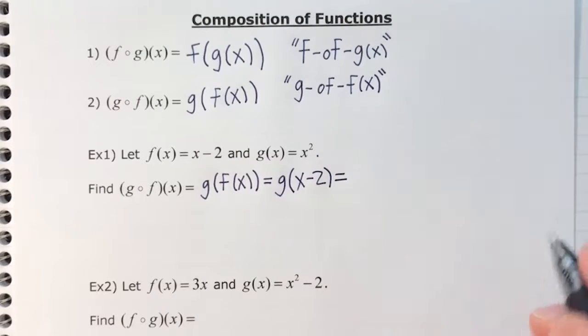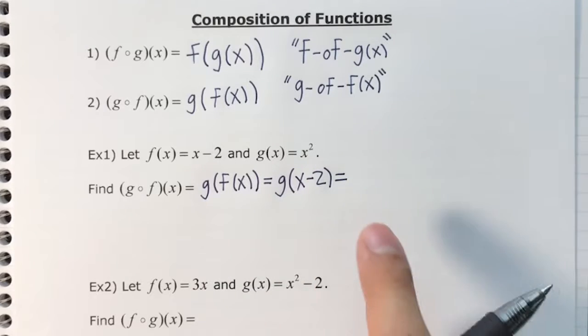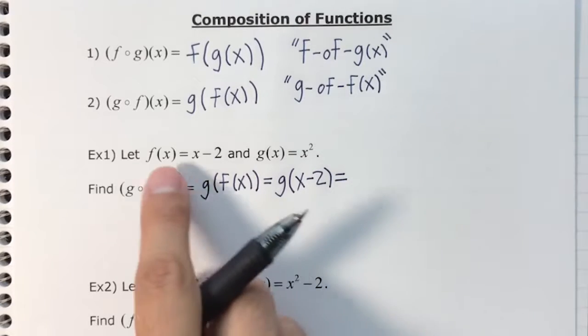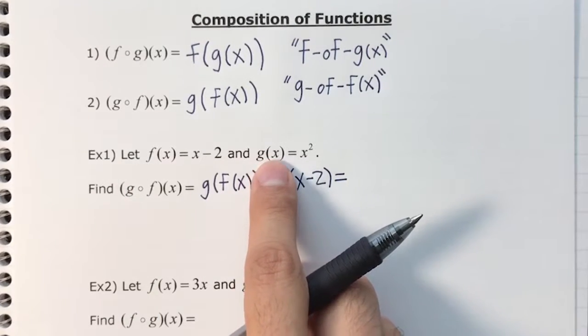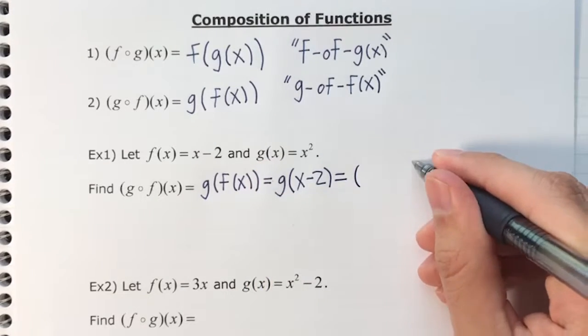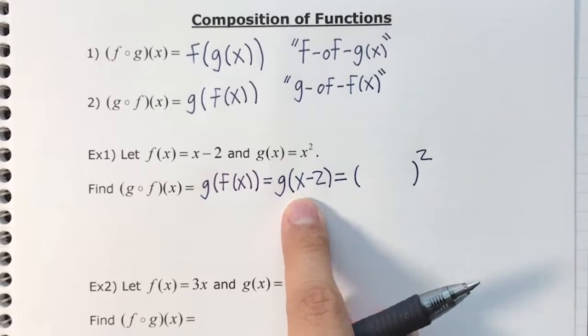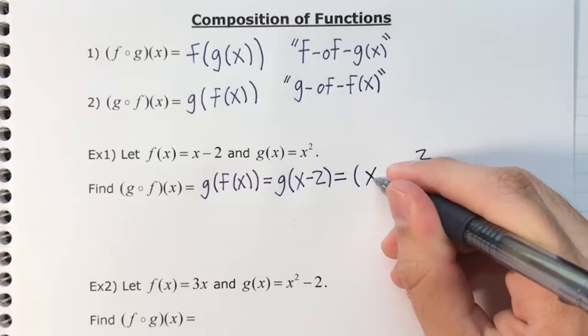And what are we going to do? We're going to substitute this expression into that x, because we're dealing with g. I don't know what x is, so I'm going to leave it blank. But we know that it's x minus 2.